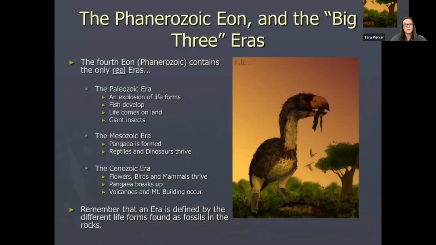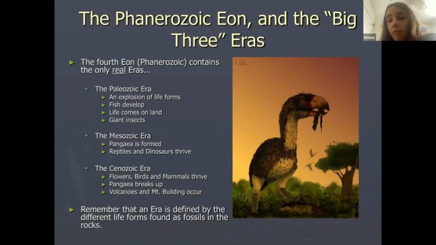So here's where the mammoths are, or there might be mammoths, I'll have to double check. But the Paleozoic, this is the fish and giant insects, and the Mesozoic, that's when Pangea is formed. We have tons of life.